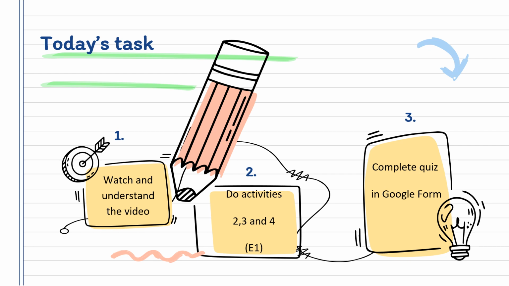Yang activities ni you kena buat now. The quiz I bagi tempoh masa sampai hari esok untuk buat. The due date is tomorrow. Maknanya hari Rabu tu kita boleh bincang benda lain. You dah answer the Google Form.